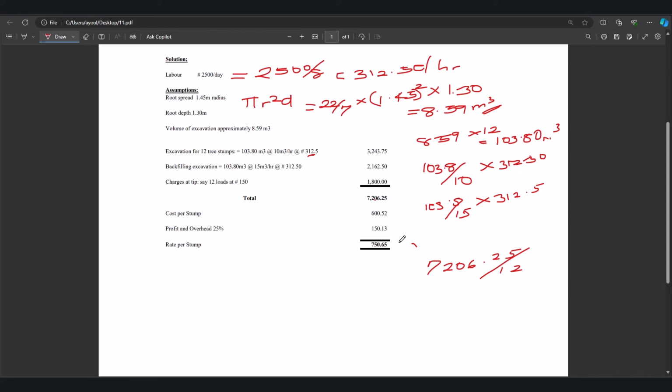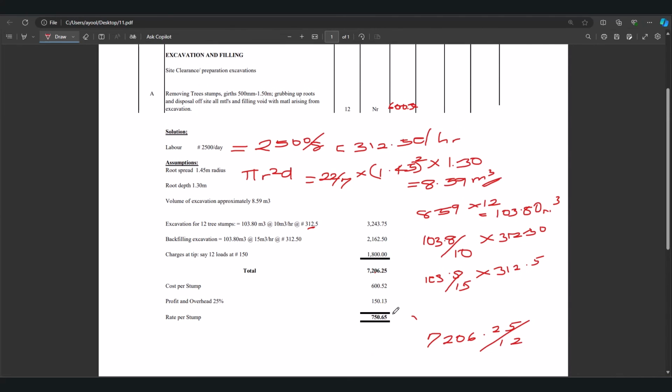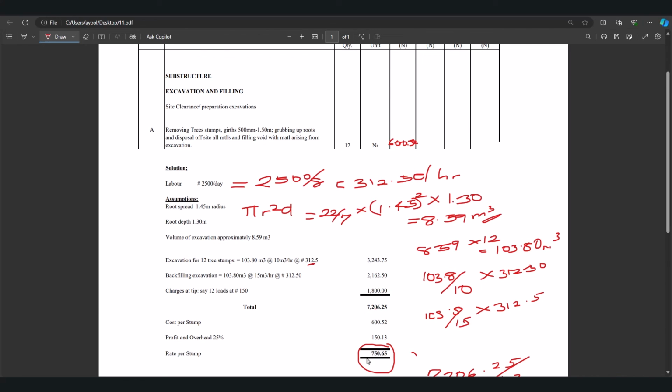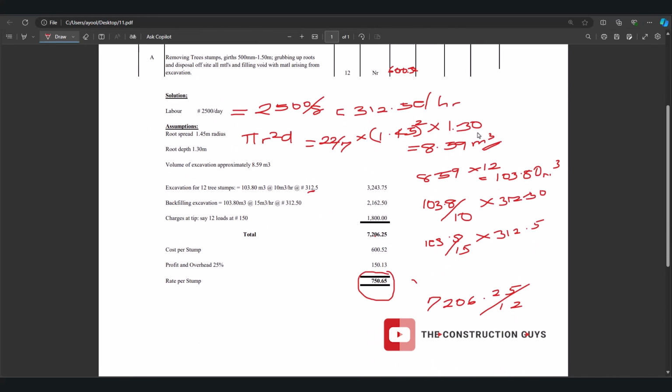So the selling price that is going to be on our bill, assuming we are bidding for this project after we've done all the calculation, is going to be 750.65 per stump. This is the cost that is going to go for our bidding if we are going to send this out to a potential client or anybody. Until next time, I'll be seeing you in another tutorial.